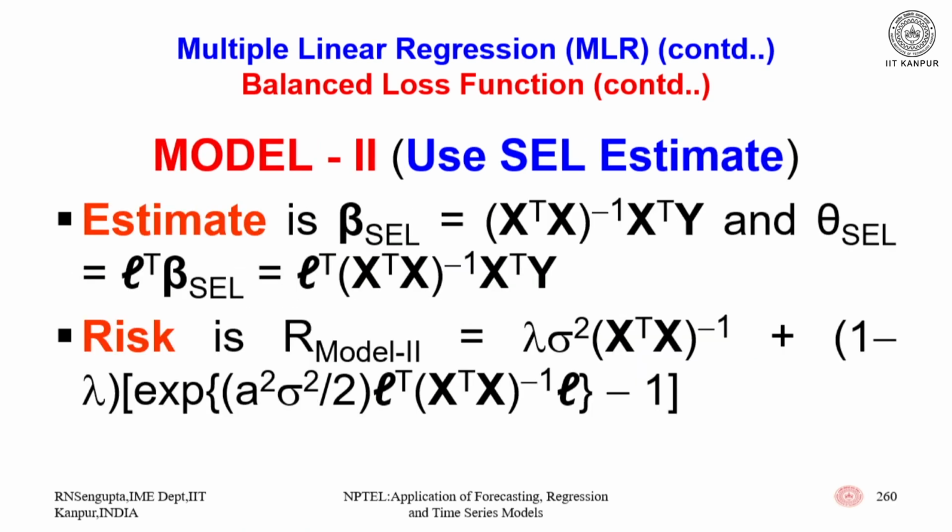Here again we are using the estimate, not the environment. The estimate is again considered as the squared error loss, and I am marking it with the color red. So, this is the estimate. In model 1 also the environment was a combination, and the estimate was the squared error loss.